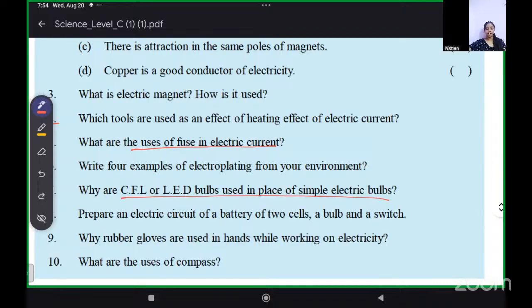The major reason is that it saves more energy, it saves more electricity. CFL or LED bulbs save more energy. That is why they are used more in comparison to simple electric bulbs.